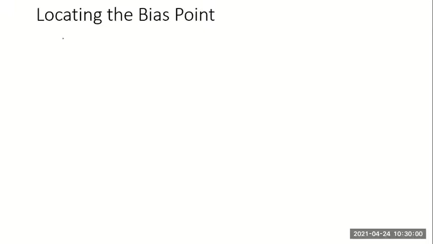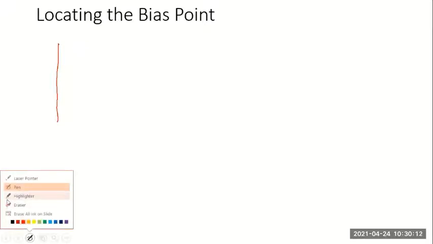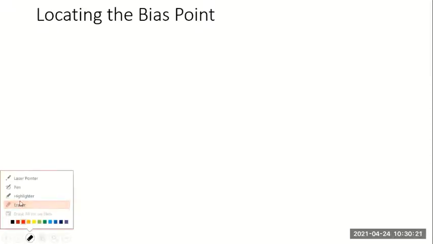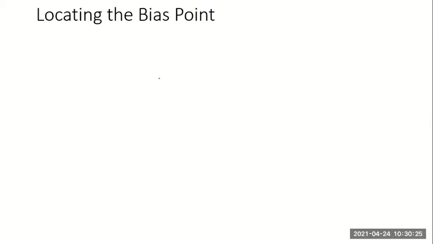So what should be the location of the bias point or the operating point? Let's see. One second, I'll draw it a bit. Let me take it towards the center.